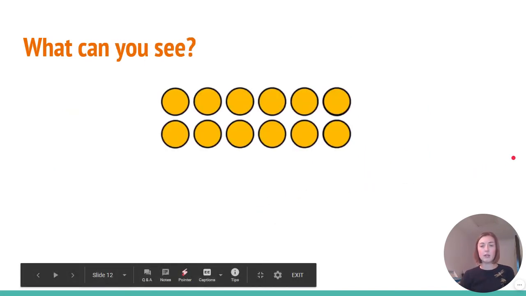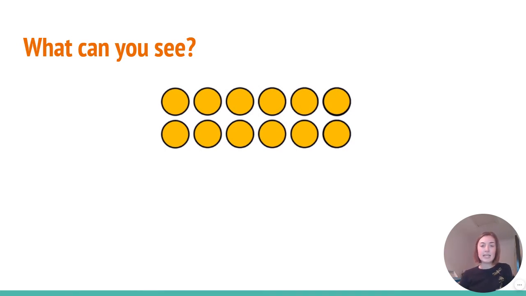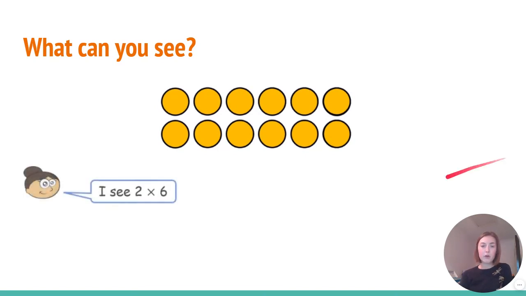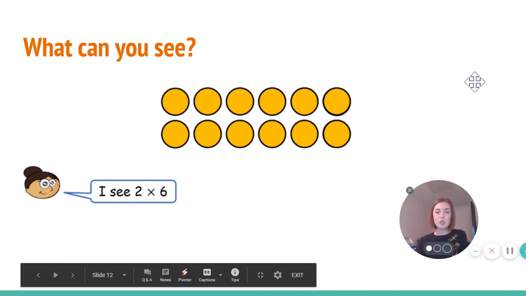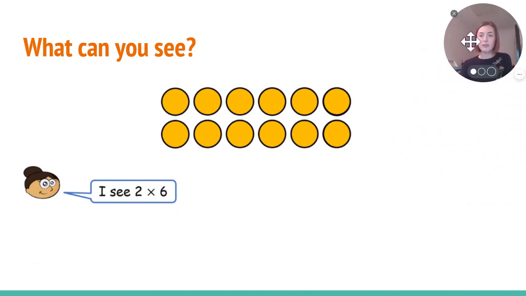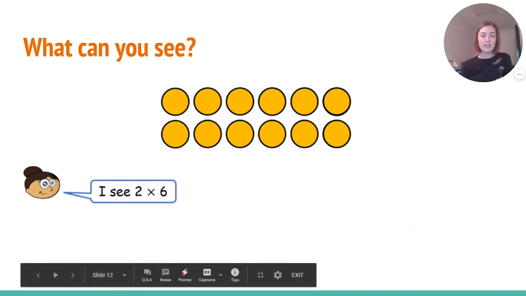Okay, have a little look at this array. Have a little think. What can you see? Can you see any equal groups? Well, this child says that they can see 2 groups of 6.